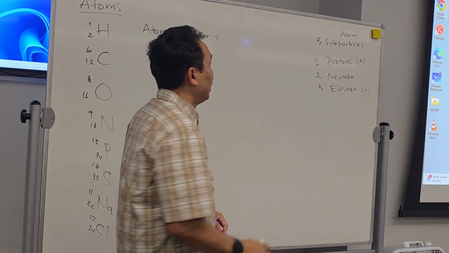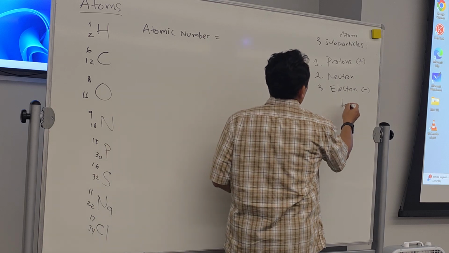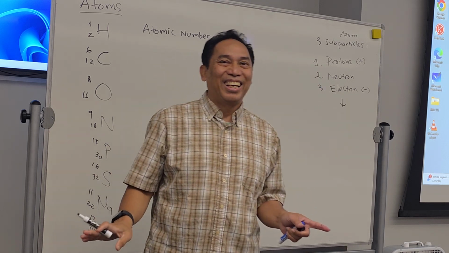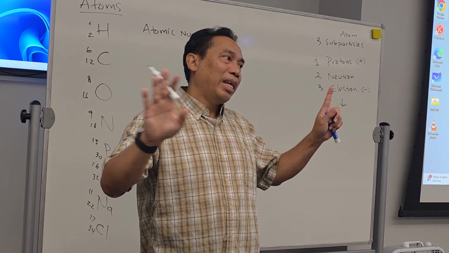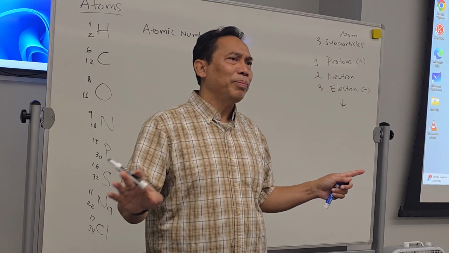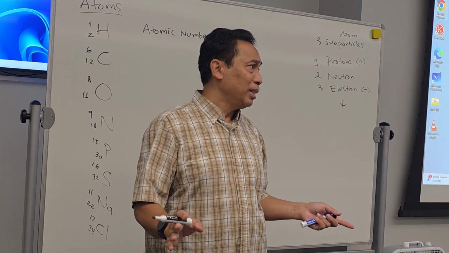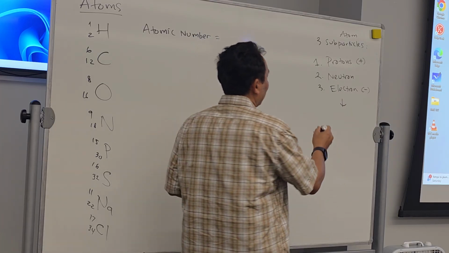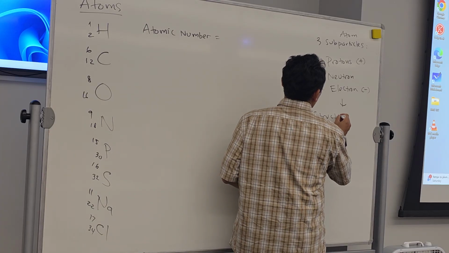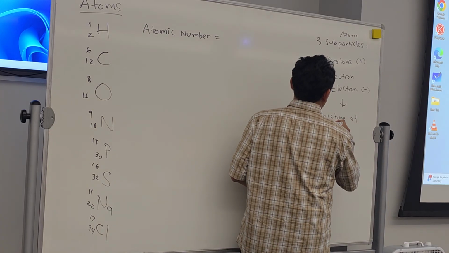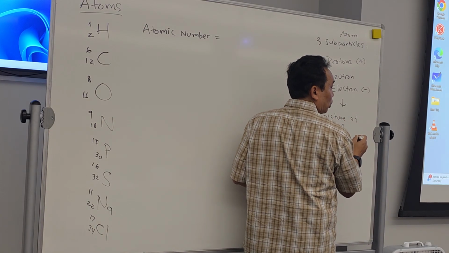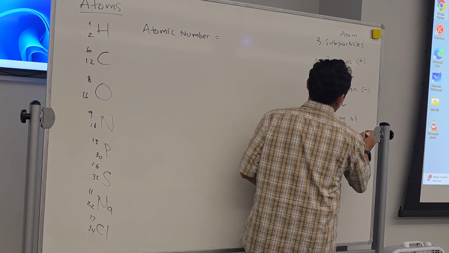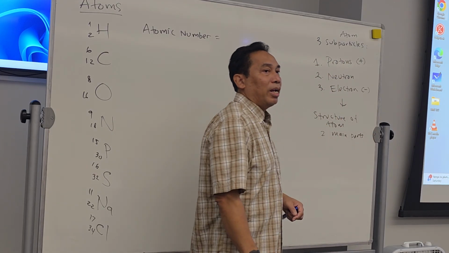Okay, now these atoms or these particles in any atom will have the same structure. Any atom, it doesn't matter how big or small it is, will have the same structure. So the structure of atoms: every atom will have 2 main parts.